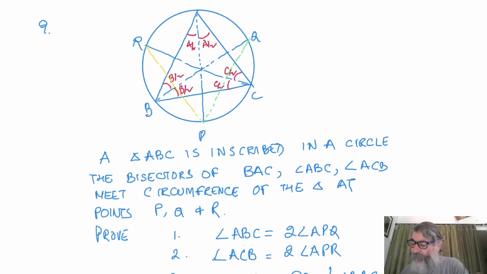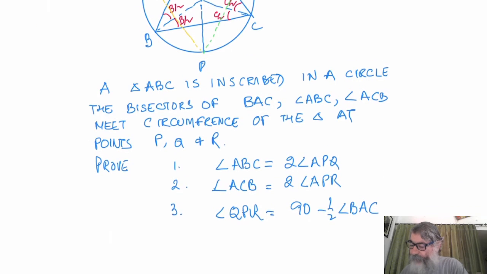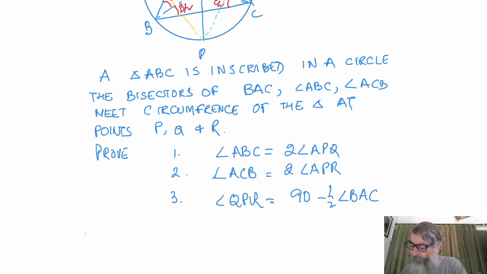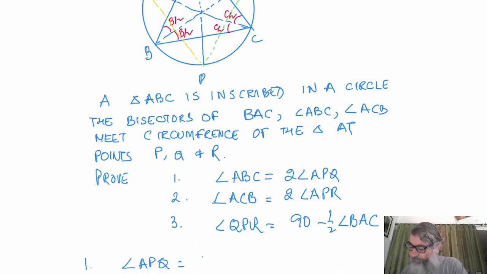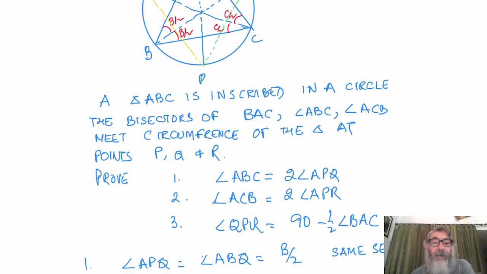Now I would say in the figure that angle APQ will be equal to angle ABQ, which is B by 2. Same segment: angles in the same segment of a circle are equal.